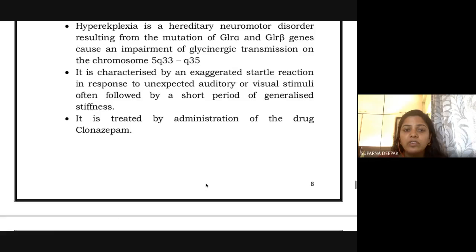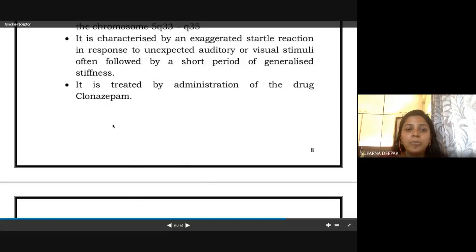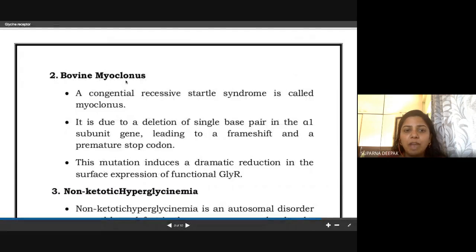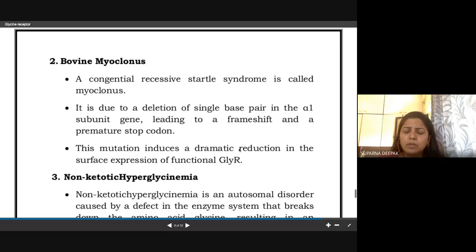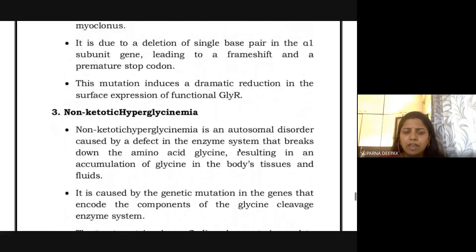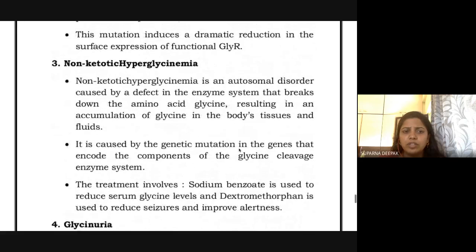You have a drug, clonazepam, which can be used for this treatment. Then you have bovine myoclonus, which is the same startle syndrome, again having a problem in the alpha 1 subunit gene, which gives rise to this particular disease.